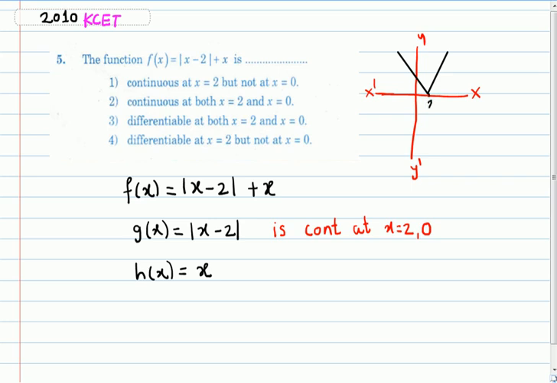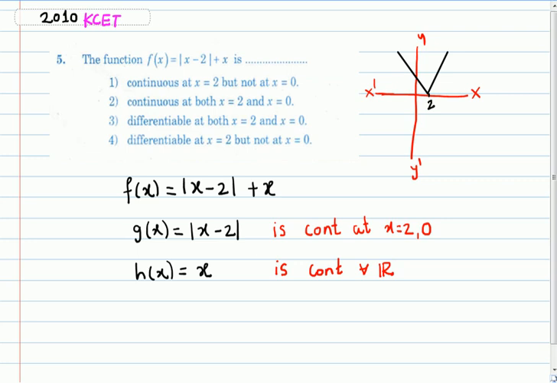At x equal to 2 the function is 0. Therefore we can observe that this function is continuous at x equal to 2 as well as 0. Similarly, h of x is also continuous for all real numbers, because its graph is the line passing through the origin.